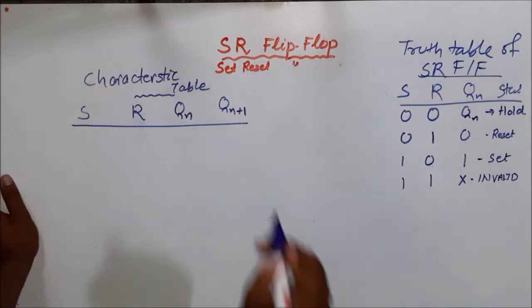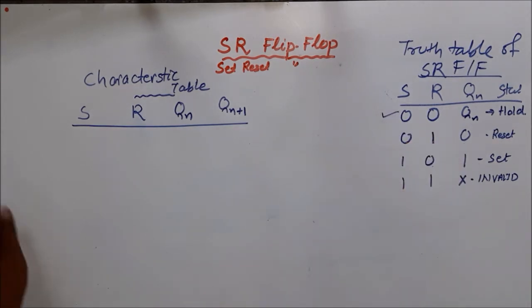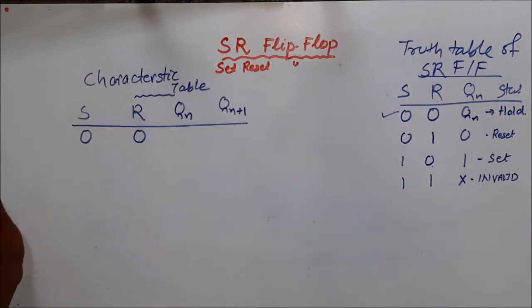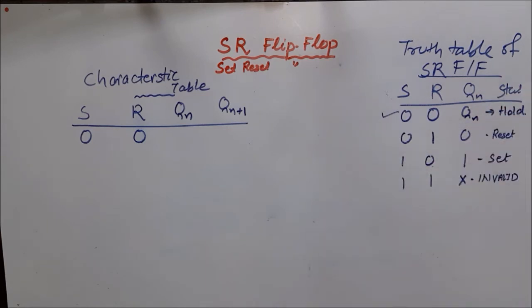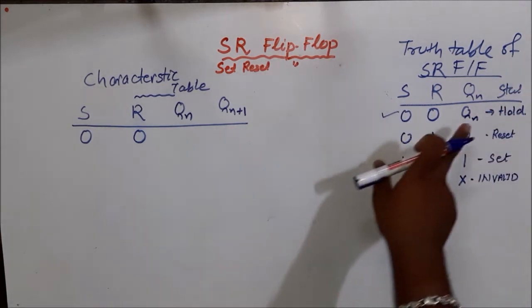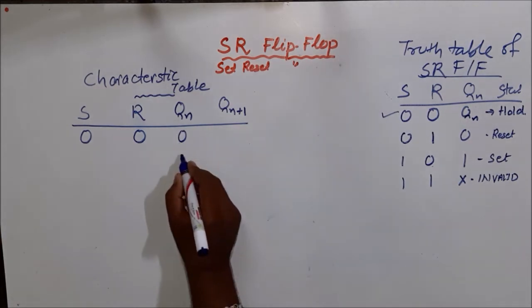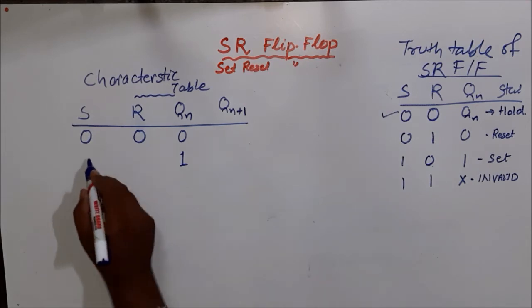Clear? Okay. So for each value, let's take S as 0, R as 0. So S0 R0. And for S0 R0, Qn is Qn. But do I know what is Qn? Qn may be 0 or may be 1. Clear? That means we have two combinations.